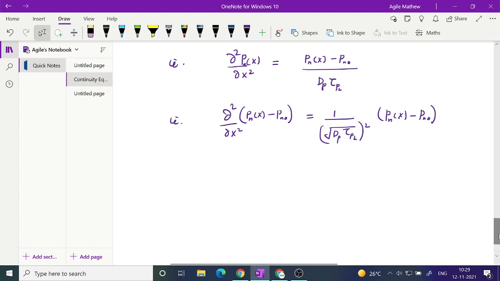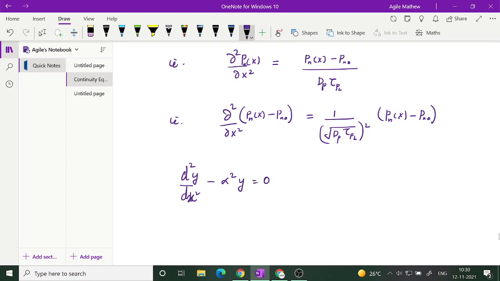Since only one variable is involved here, we can just treat it like an ordinary differential equation, d square y by dx square minus some alpha square y equal to 0.